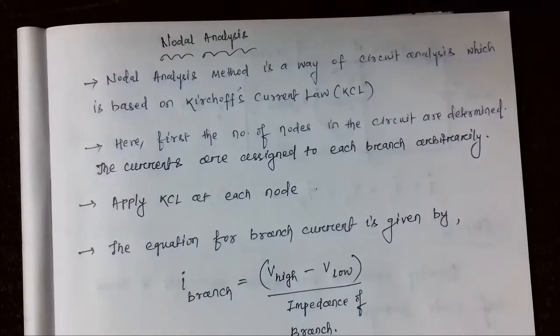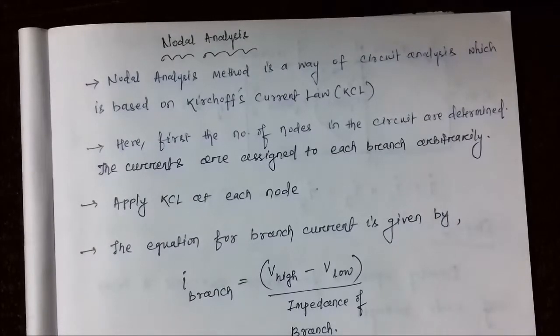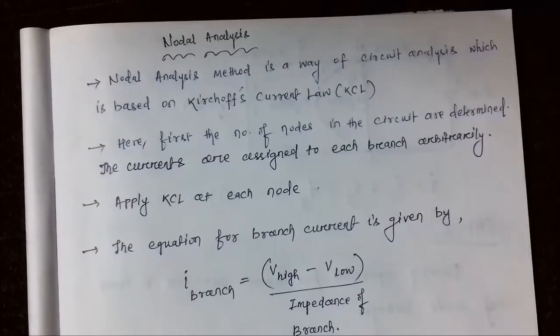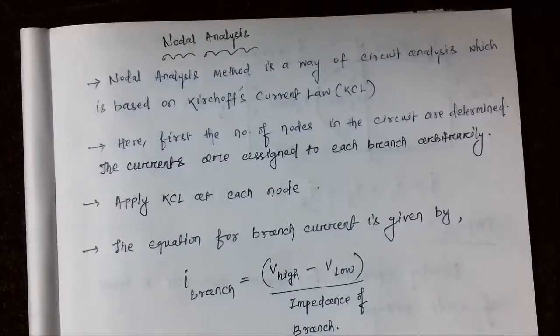Basically, a node is formed when two or more impedances or circuit elements get joined together at a point. That's when two or more elements, impedances, current sources, generally impedances, get joined together. That's when a node is formed.